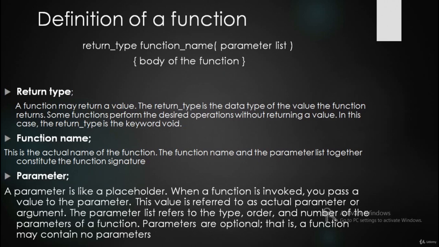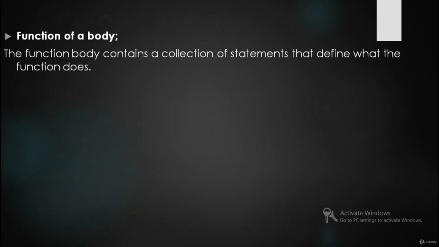When a function is invoked, you pass a value to the parameter. This value is referred to as the actual parameter or argument. The parameter list refers to the type, order, and number of the parameters of a function. Parameters are optional, that is, a function may contain no parameters. So take note of that.